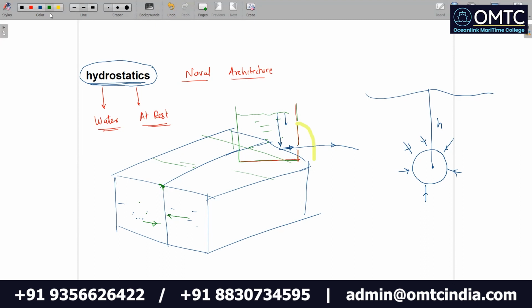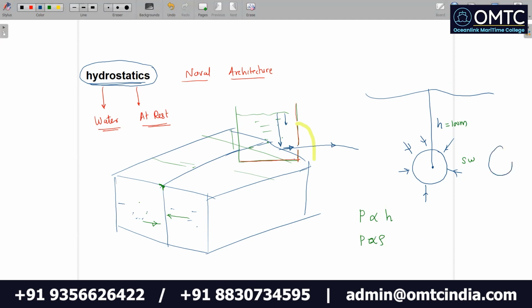Okay, so one thing is clear, this hydrostatic pressure is directly proportional to height. As height increases, pressure also increases. It also depends upon density. For example, this submarine is at 100-meter height in sea water.